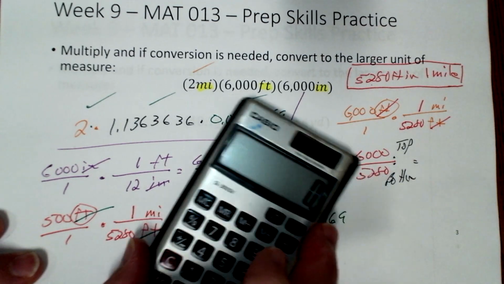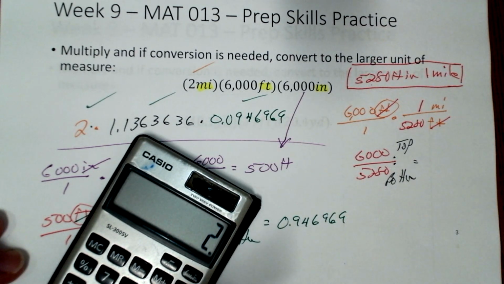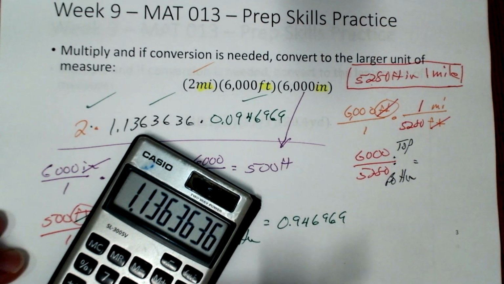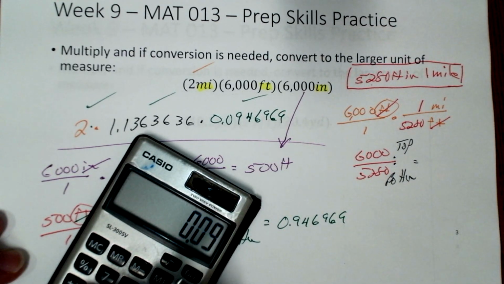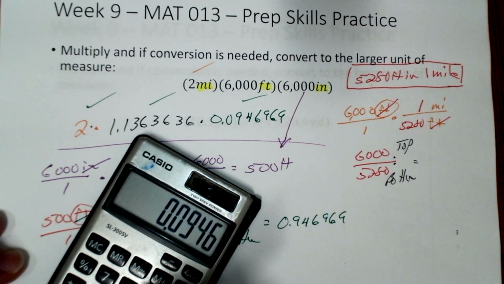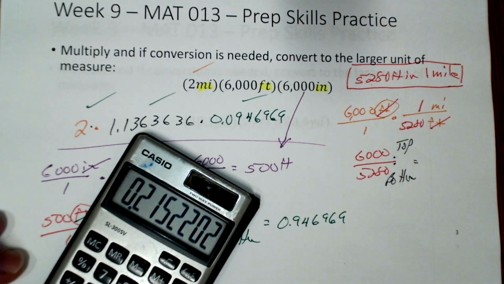So we're going to multiply these together. So 2 times 1.1363636, whatever my calculator will hold, the more I put in, the better my answer, times 0.09466969. And that's what we get. It seemingly doesn't make sense, but it is what it is.